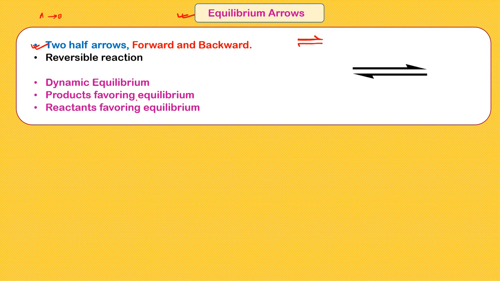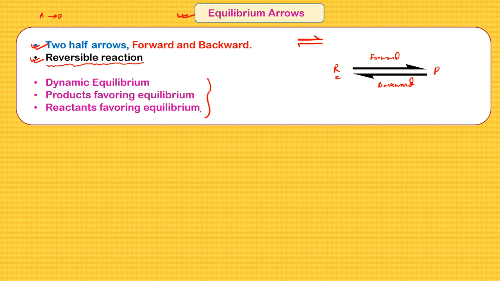It is represented like this. It means this particular transformation involves a reversible reaction. This is a forward reaction, as it is moving from this to this, and this is a backward reaction, moving from the product side to the reactant side.